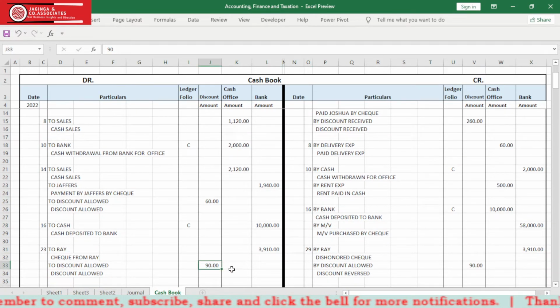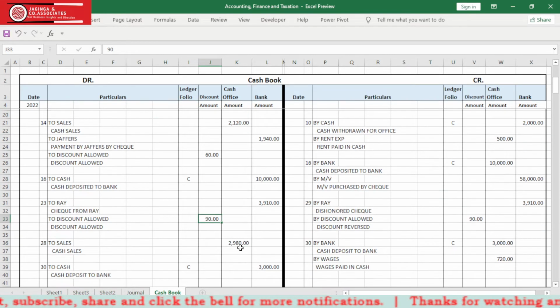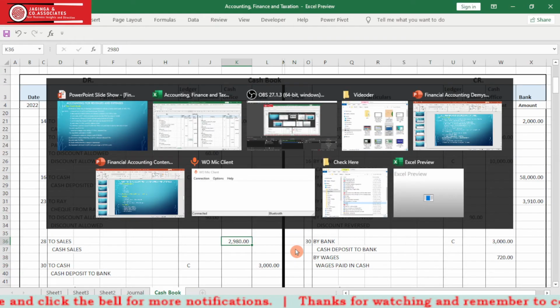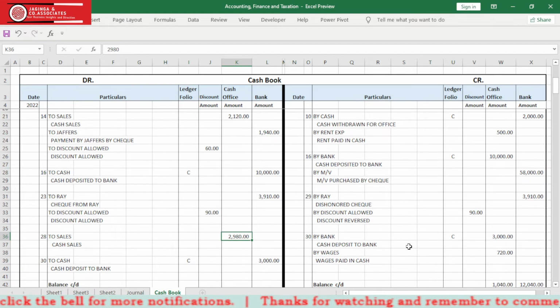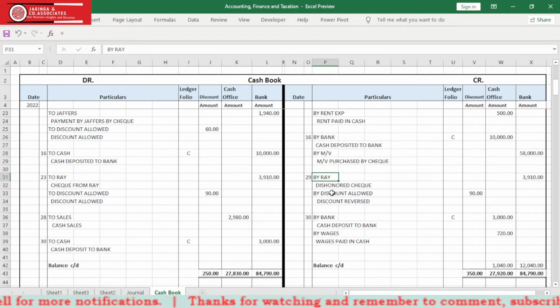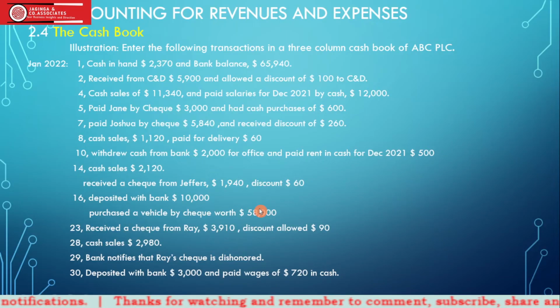The discount here is also here. And then cash sales was 2980 again, is here. And then the bank notifies that rate's check was dishonored, so we had to reverse this check. Rate's check was dishonored here, and we also reversed the discount that we allowed.